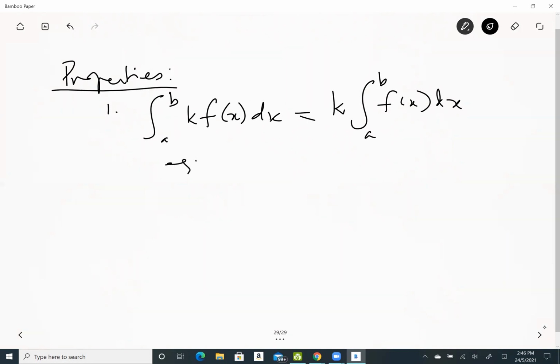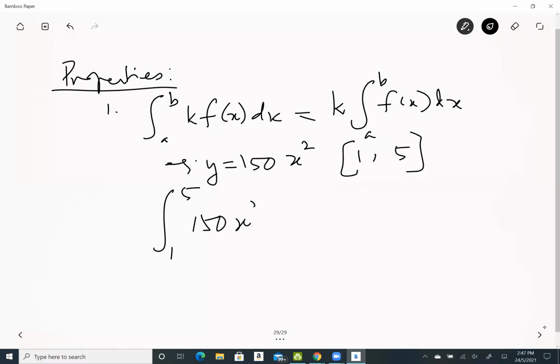Say, for example, you have y equal to 150 x squared, and then you want to integrate it over, say, 1 to 5. So here, you want to find the integral from 1 to 5 of 150 x squared dx. What you can do is bring out that constant. So that will be equal to 150 times the integral of x squared from 1 to 5.